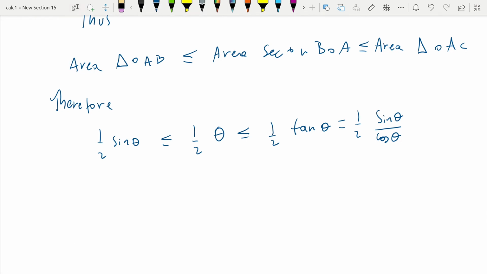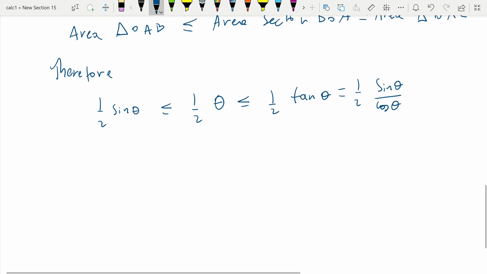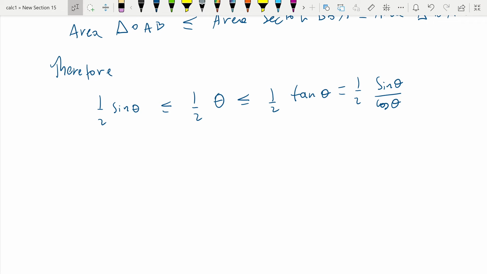And these three inequalities are going to give us the desired inequality. So let's look at this inequality over here.